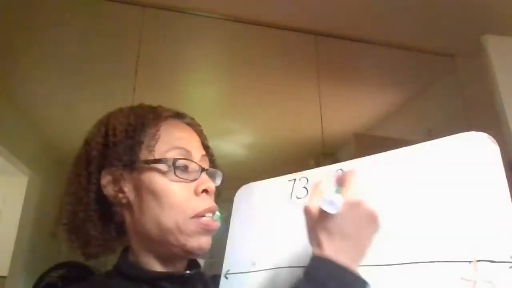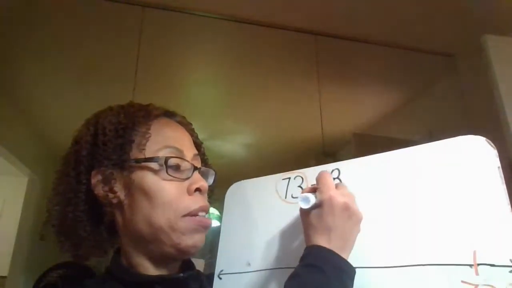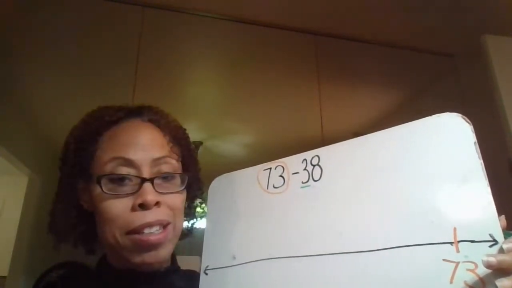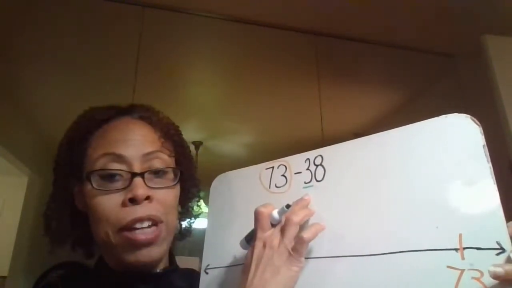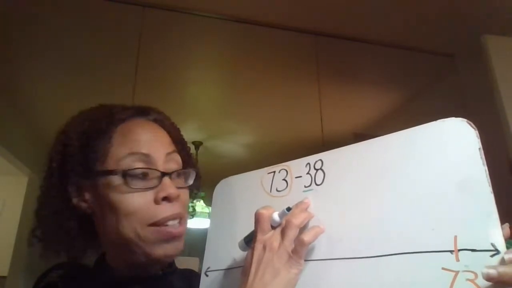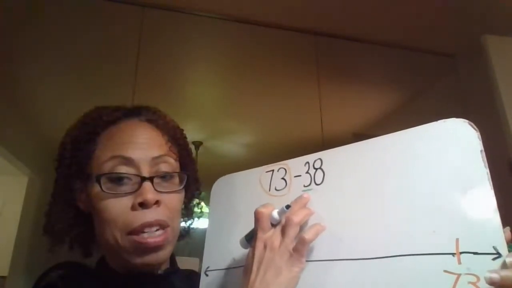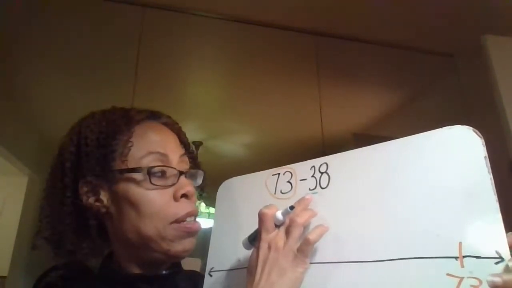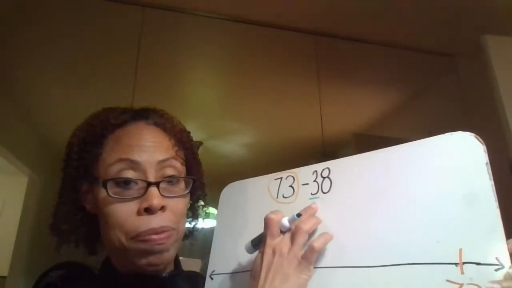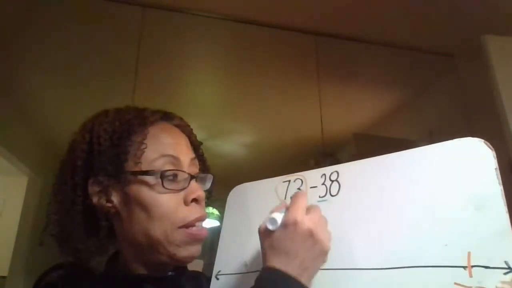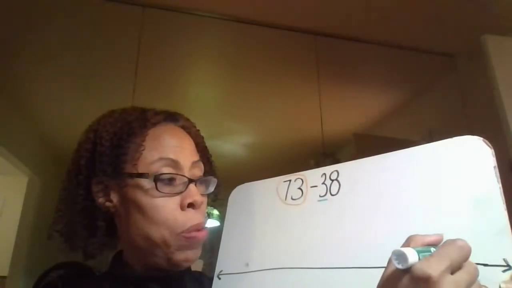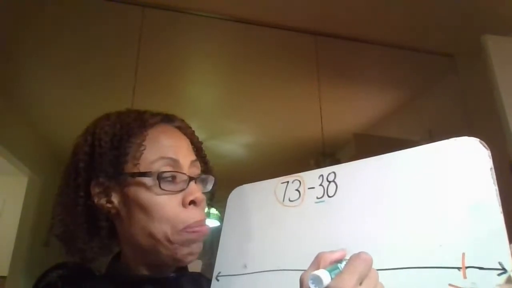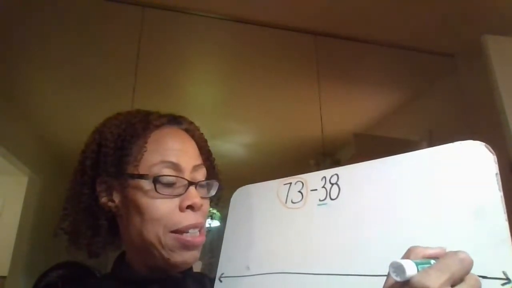Then we are going to underline the number in the tens place one time. In this case, the value of the 3 in the tens place is 30. Remember that the number in the tens place is always 10 times that amount. So in this case, if this is equal to 30, we can make a jump that is worth 30, or we can break it down into tens.